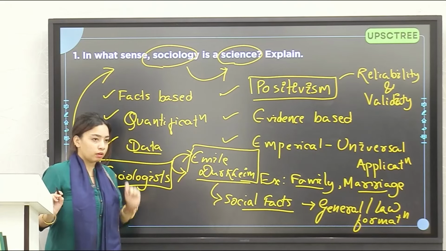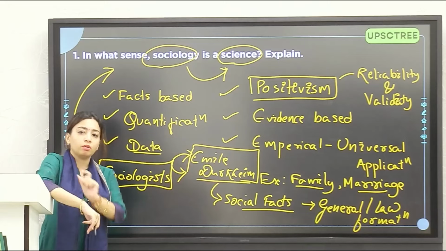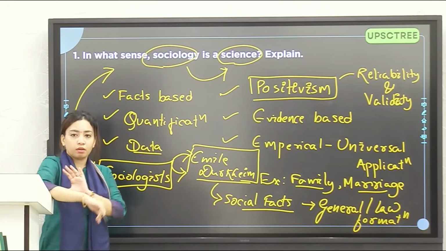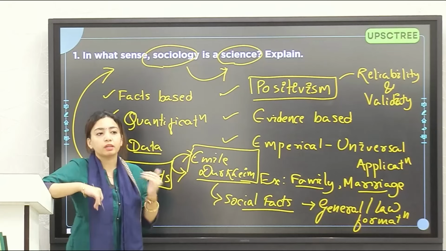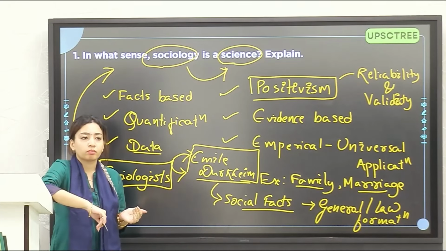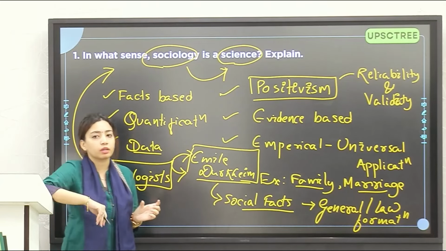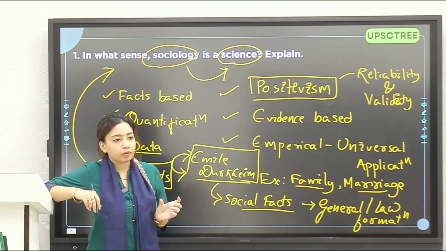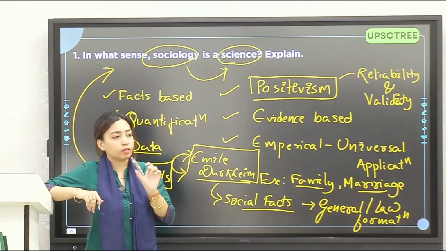Lastly, you can also discuss how sociology goes beyond the scientific discipline, how we are also trying to integrate an interpretative discipline, right? Which is given by who? Verstehen, I have discussed this theory, right? Max Weber. So at last you can discuss that.